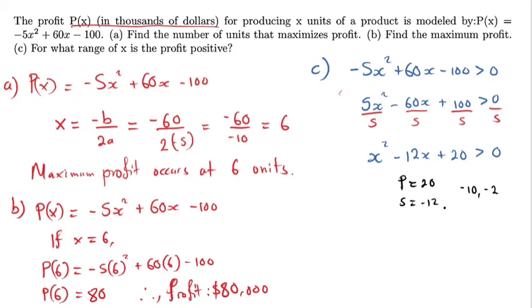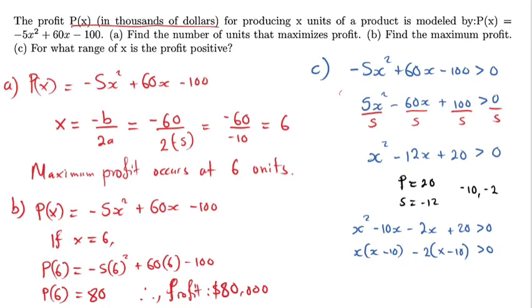So we have x squared minus 10x minus 2x plus 20, which gives x, open bracket, x minus 10, close bracket, minus 2, open bracket, x minus 10, close bracket.